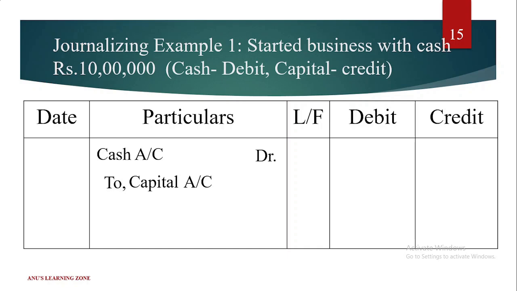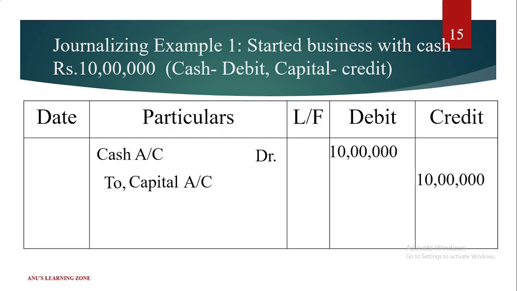In the debit column, straight to the cash account, we need to write the amount. The amount given over here is 10 lakh. So we write 10 lakh, straight to the cash account. And in the credit column, straight to the capital account, we write the same amount, 10 lakh.